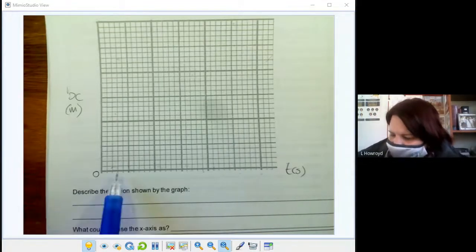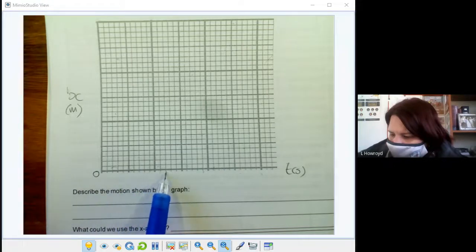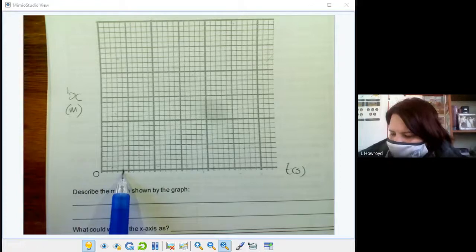Let's see, can we make it? Let's make it so, does it work if we make this a 4? Because the thing is, we've got even numbers. So if we go up in twos, that's the best way to do it.